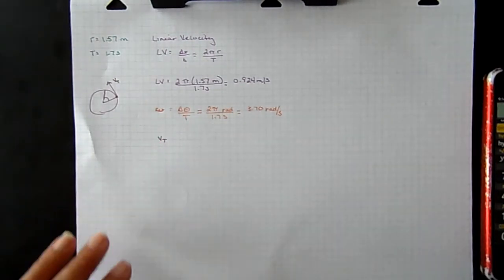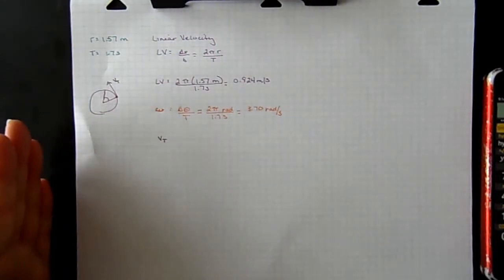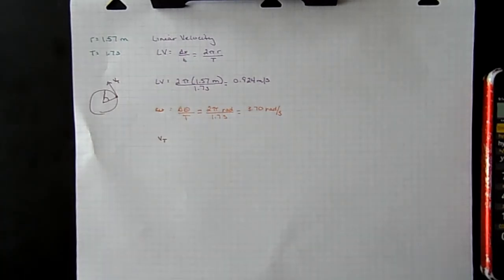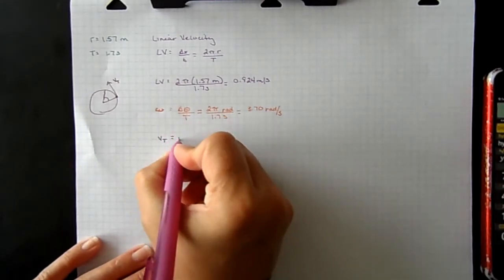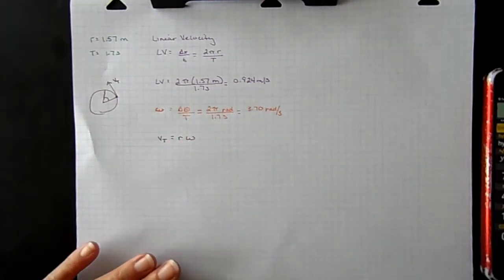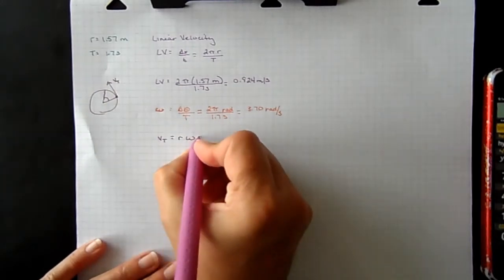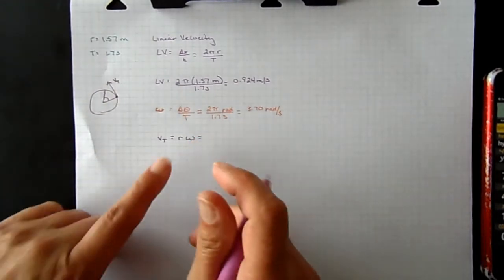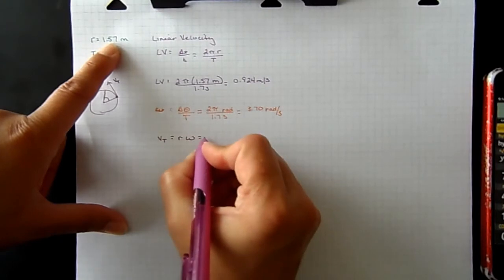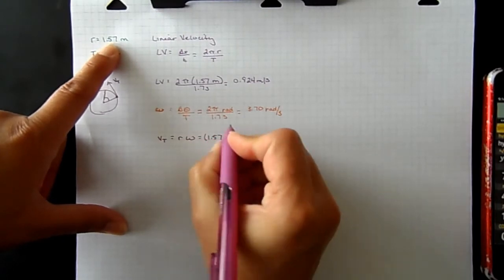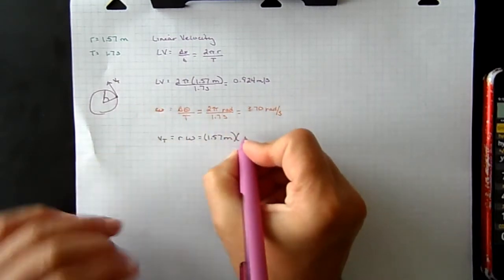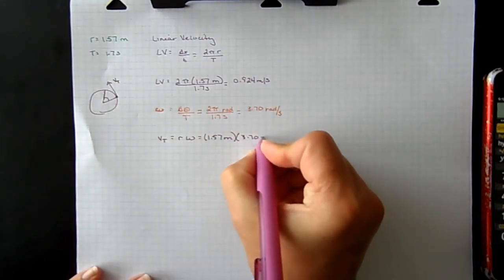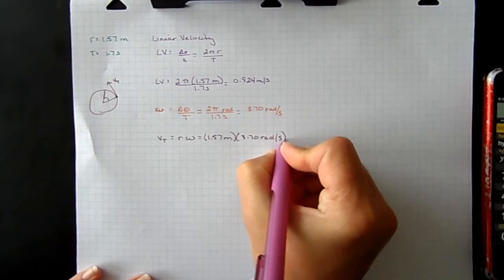So tangential velocity has to do with how fast it's going in a circle and how fast it's going around the edge. So tangential velocity is going to be the radius times the angular velocity. So our radius is 1.57. And we just found our angular velocity, which is in radians per second.